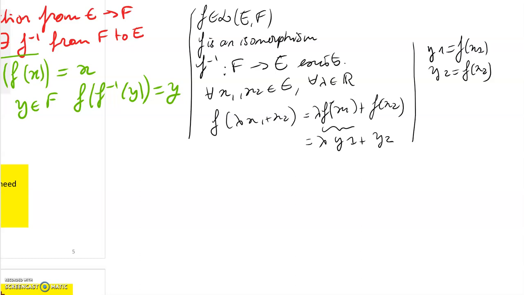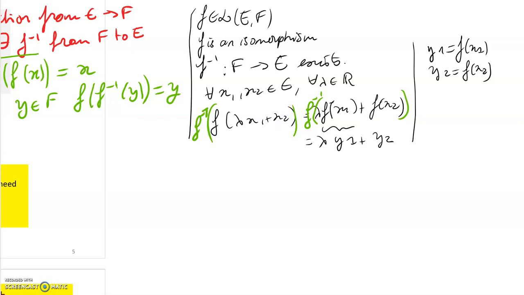Okay, so now let's apply f^-1 to this equality on both sides. I'm going to apply f^-1 here, and I'm going to apply f^-1 here.